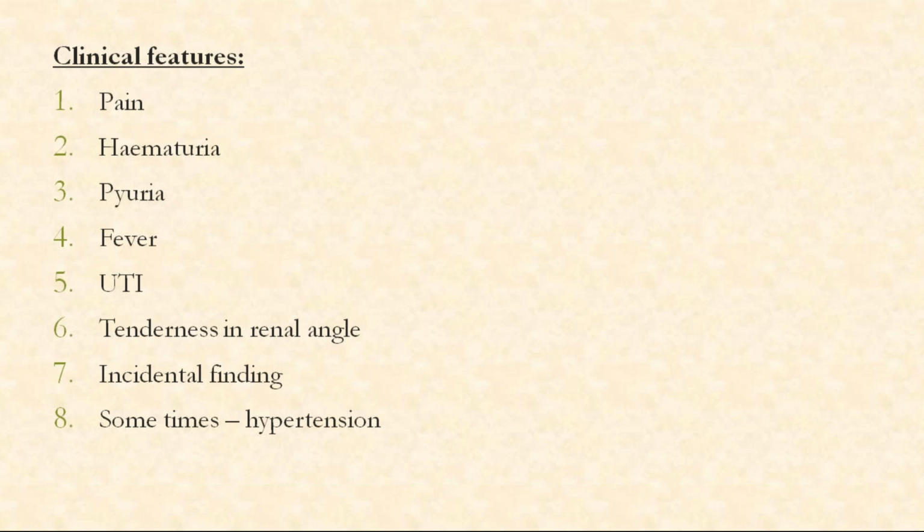So what are the clinical features? When the patient is having renal calculi, the patient may have pain in the loin. Sometimes hematuria may be there. Pyuria may be there because of infection. Pyonephrosis may also lead to stone formation. The patient may have a fever or pyrexia. Urinary tract infection and burning micturition can be seen.